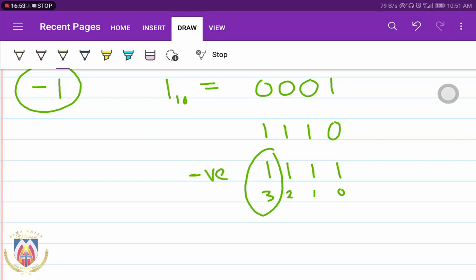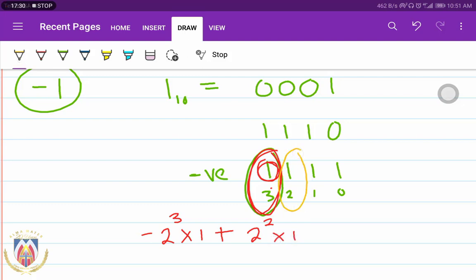So it is -2, the base, to the power of 3, which is the significance of the bit, times 1, which is this one that we have over here, plus 2 to the power of 2 times 1. All these other ones are positive.